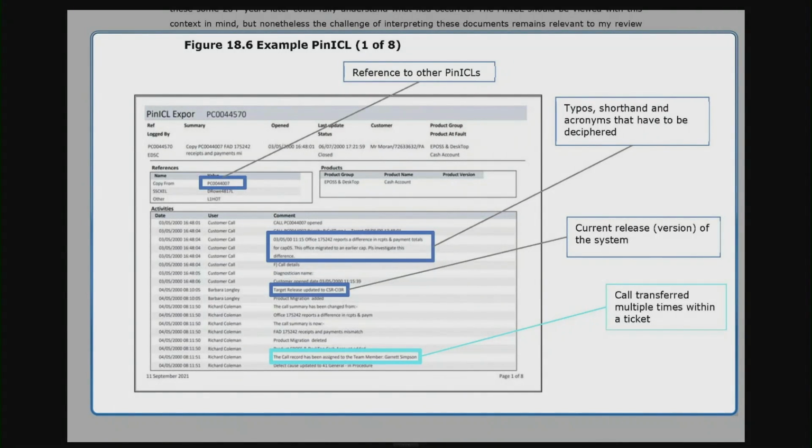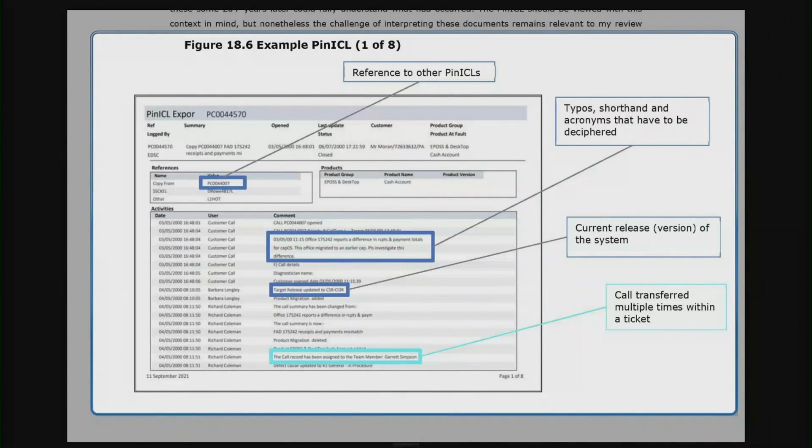Yes. In some of the added boxes, the call-outs, you have noted 3 things. Firstly, that on this one there's an example of some typos, shorthand and acronyms that are used that you as a reviewer would have to decipher. Yes. Can you just explain the significance or relevance of the second call-out explanation?